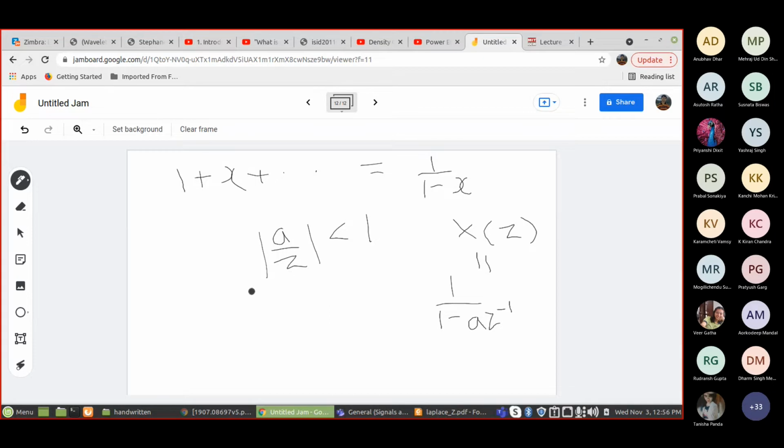So let's sketch this ROC. Mod a we want to be less than mod z. In other words, mod z should be strictly bigger than mod a.